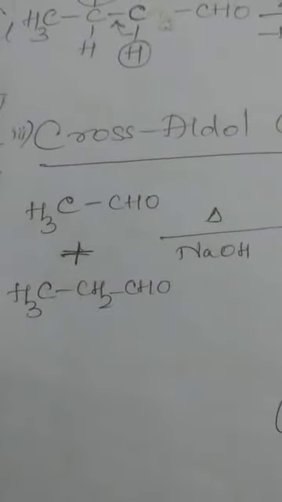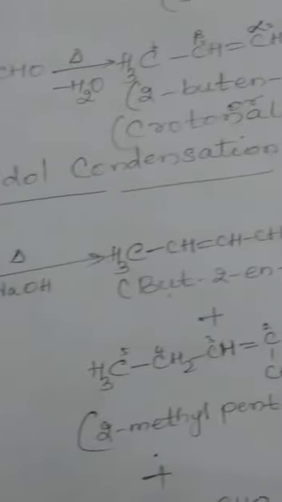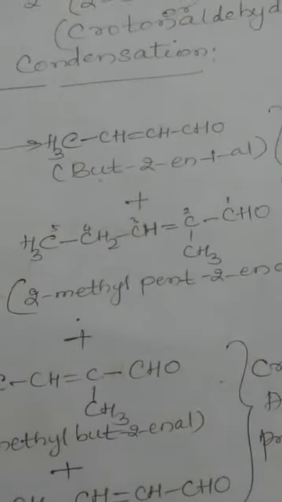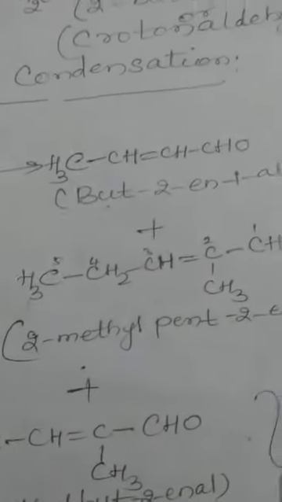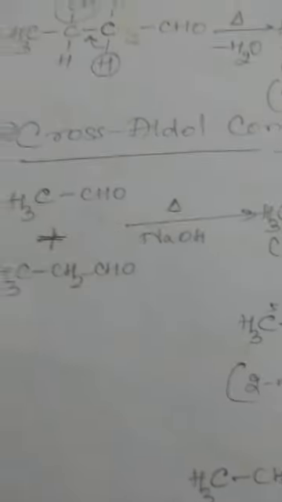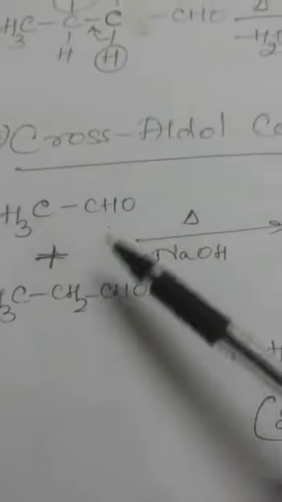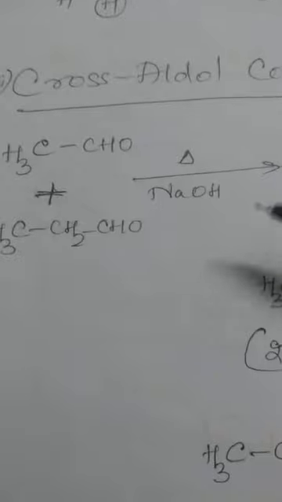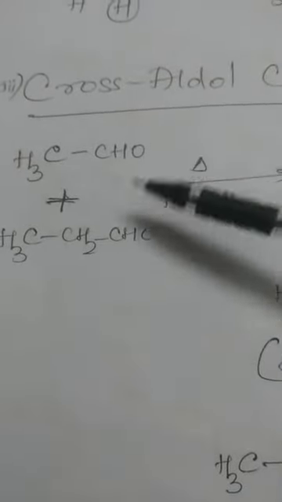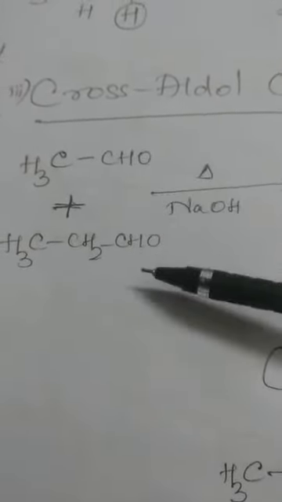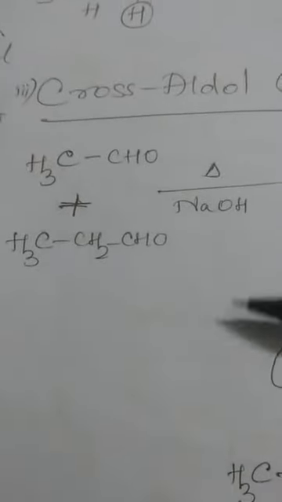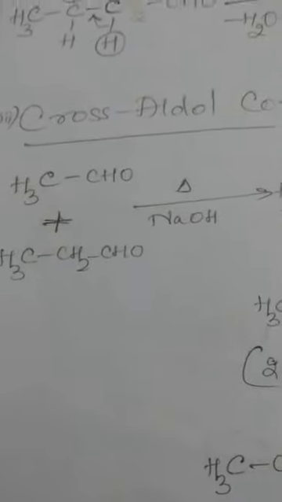On heating, you will get two products due to self-condensation and the other two due to cross-condensation. Self-condensation will be between similar molecules, that is two molecules of ethanal and two molecules of propanal, whereas cross-condensation will be between one molecule of ethanal and one molecule of propanal. First, interchange it, one molecule of propanal and one molecule of ethanal.